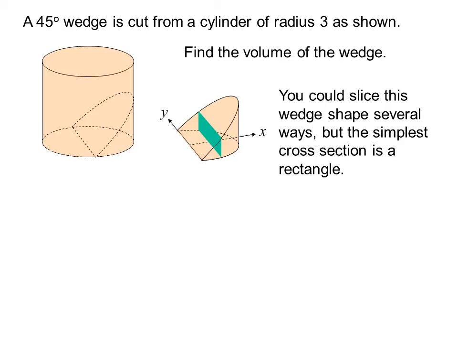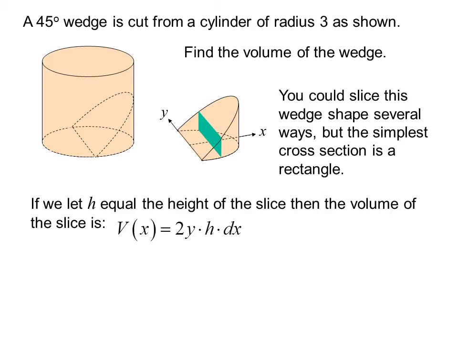Now we add our x and y coordinate system. If we let h equal the height of the slice, then the volume of the slice is v of x equals 2y times h dx. So the width of the slice is y in this direction and y in this direction, or 2y.